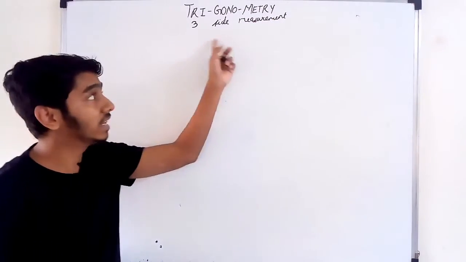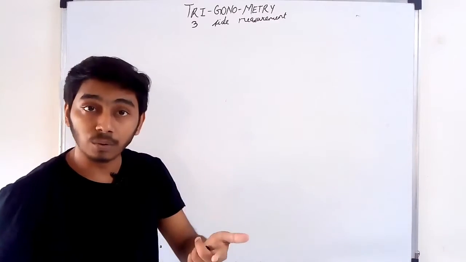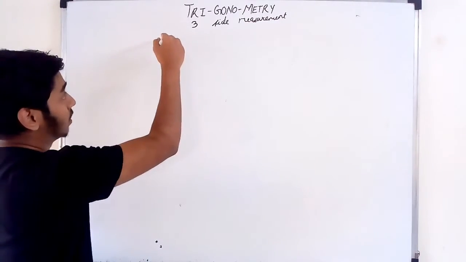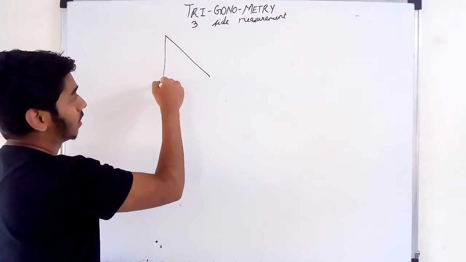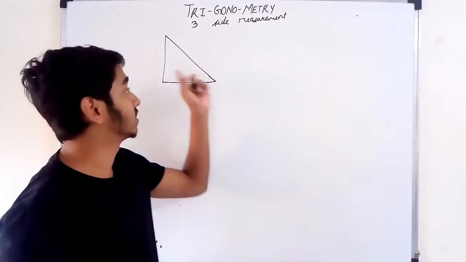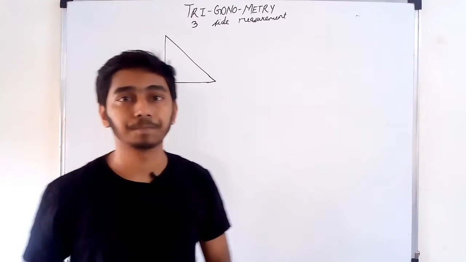So three-sided measurement. That means if it is three-sided, you know that it is a triangle. Yes or no? So if there is a triangle which is a three-sided figure, it is measurement based on a three-sided figure.